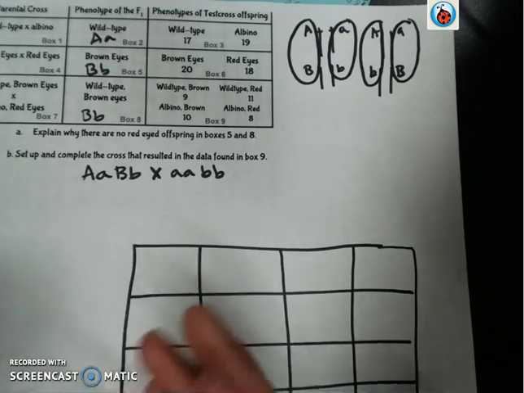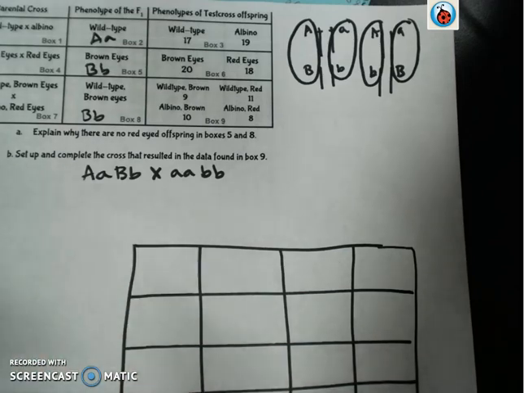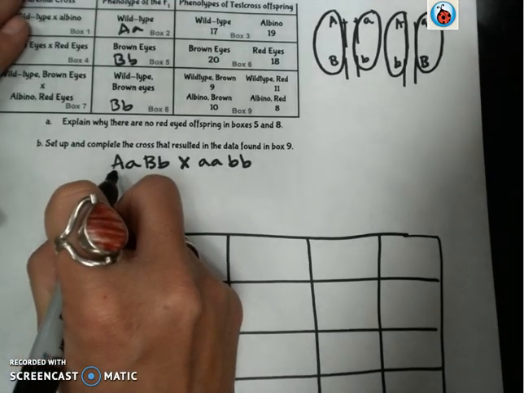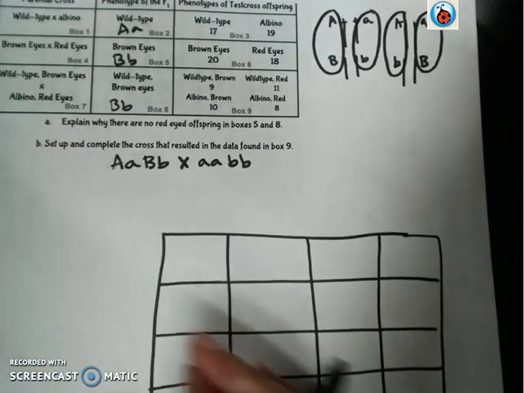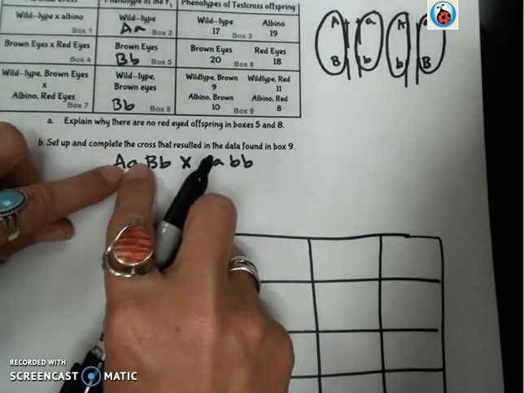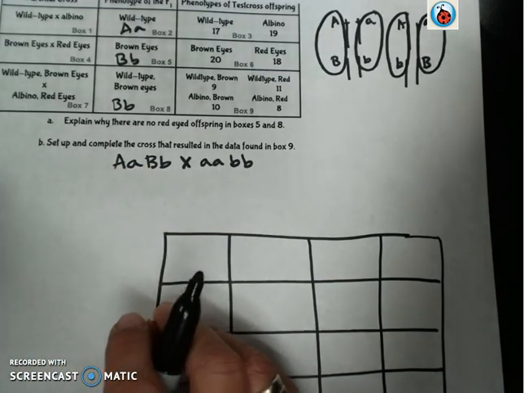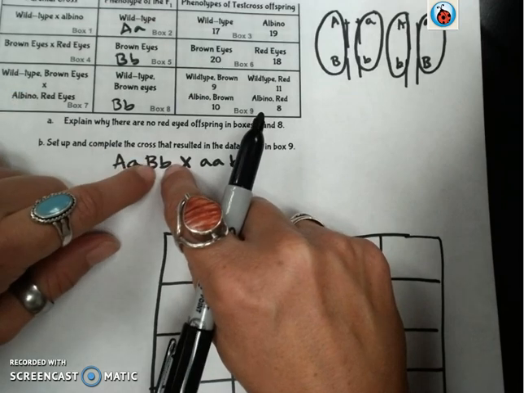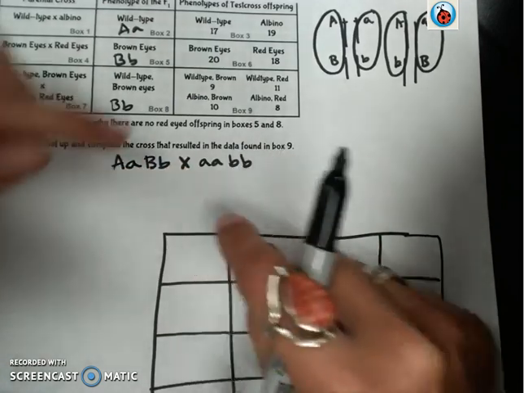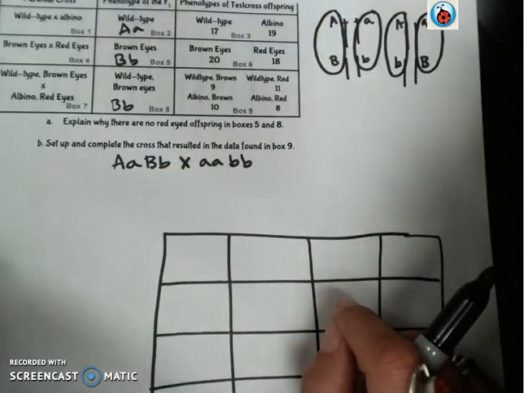Or you can do something similar to the FOIL method in math. So when we talk about gametes being made in Mendel's law of segregation, these two A alleles are going to separate and end up in gametes. But they're independent of the B alleles because they're located on separate chromosomes.